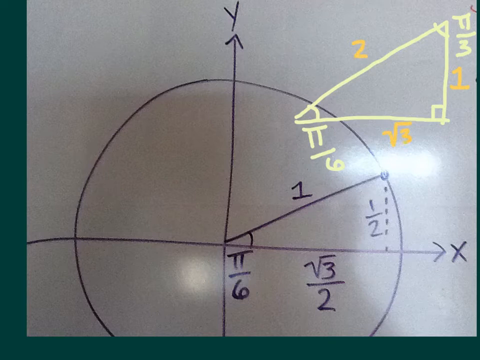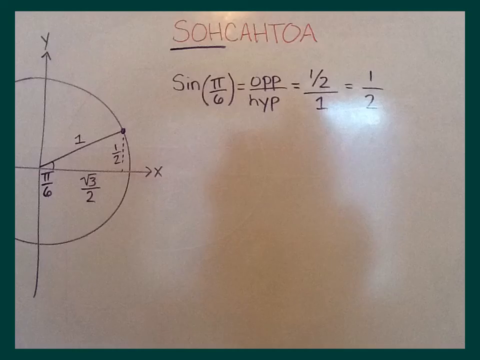But in my unit circle, the hypotenuse must be of length 1, which is not the same as in my special triangle. So I divided all the lengths of my special triangle by 2. Basically, I shrunk it, and now the hypotenuse is 1. That is why I have this height here of 1/2 and the base of root 3 over 2.